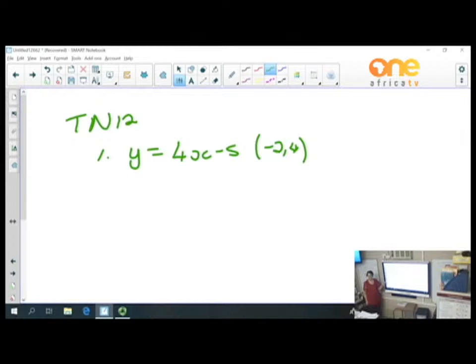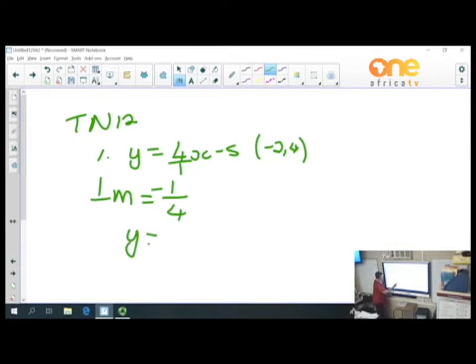And what did we say? When is it perpendicular? If it is change of sign reciprocal. So that means what is this perpendicular m going to be? Change of sign reciprocal. What is the change of sign reciprocal of 4? 1 over 4. Reciprocal, and I change the sign.